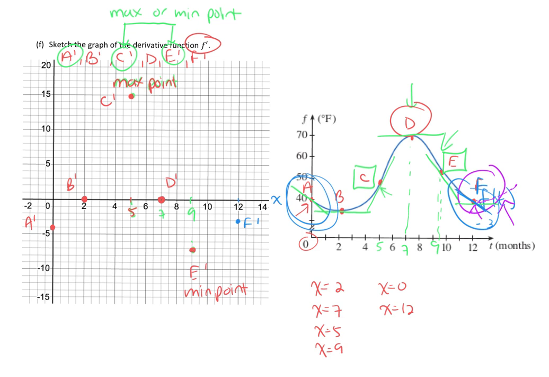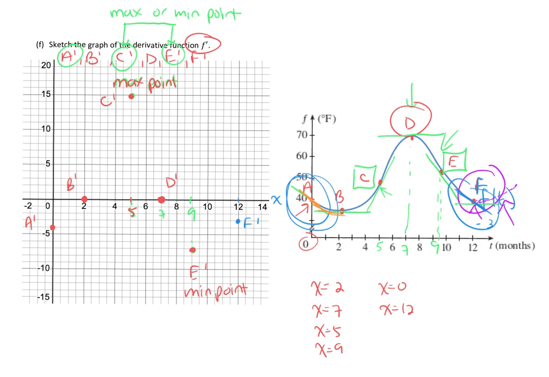Okay, so how do I connect these points? Let me start with point A. I know there's a lot of markings on this graph, so let me choose a color that I haven't used yet. How about orange? I know that's kind of hard to see, but let's go with orange. So as I go from point A to point B on the original curve, the slope is decreasing, and as I approach B, it's decreasing at a decreasing rate.